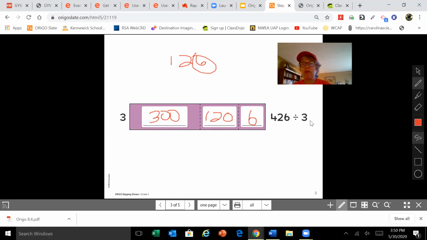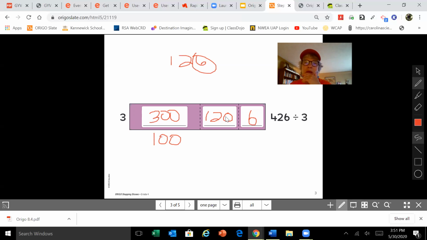So again, what I start thinking is 3 times what equals 300? Well, that's pretty easy. 3 times 100. And another way of saying this is 300 divided by 3 equals 100. Remember, multiplication and division are reciprocal operations.